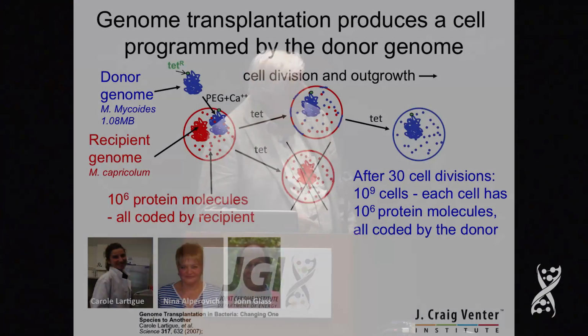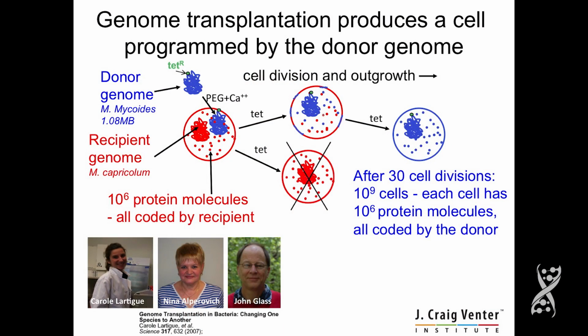We were successful with that, transplanting it into a closely related species, Mycoplasma capricolum. And the overall scheme is shown here. You take the purified intact molecule, and that's a fairly good trick to get a megabase without breaking it.